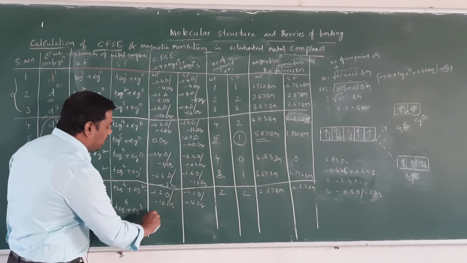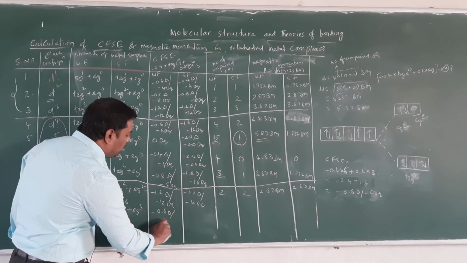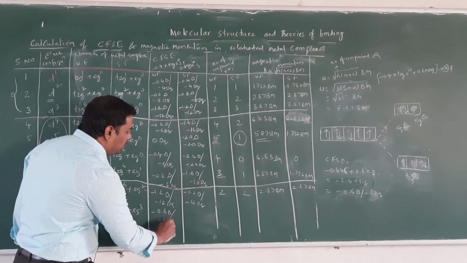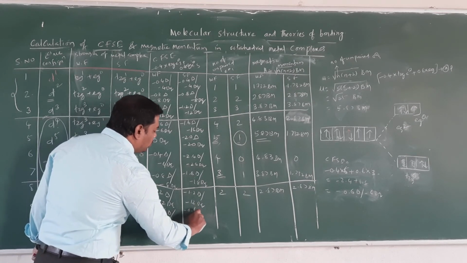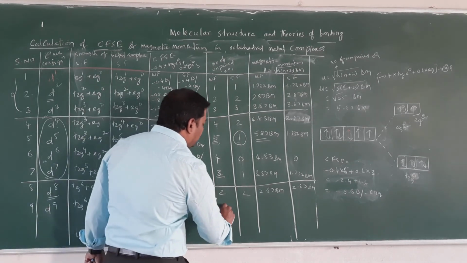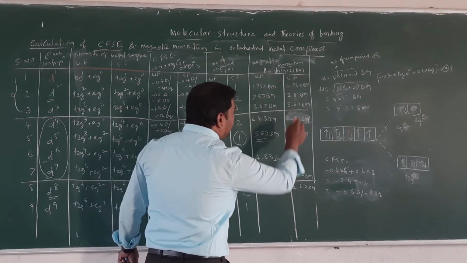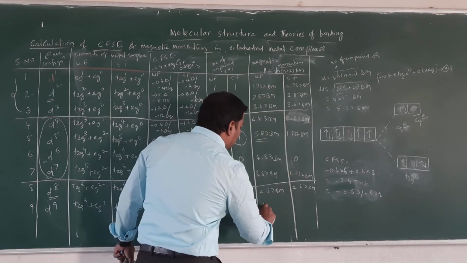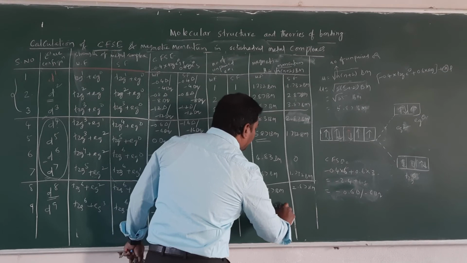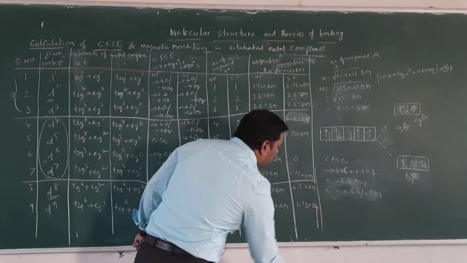So the CFSE value is minus 0.6 delta or minus 6 Dq. The number of unpaired electrons is 1, so therefore the magnetic moment value is 1.732 Bohr magneton.